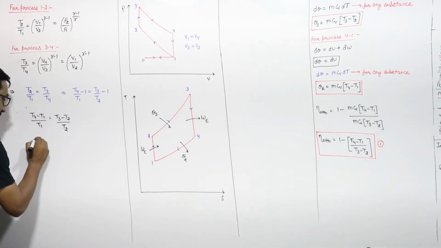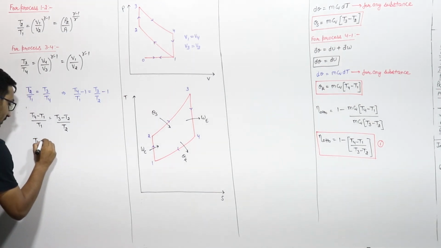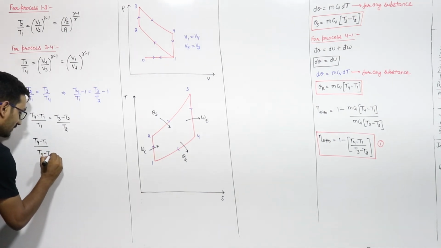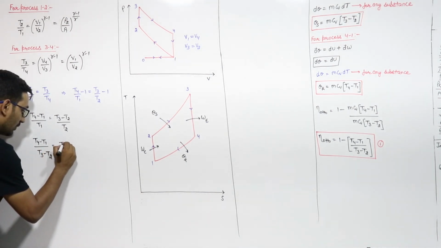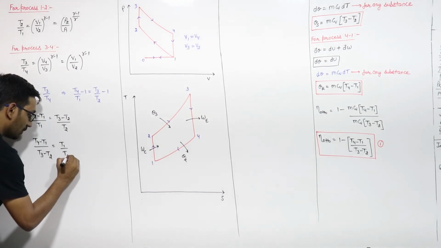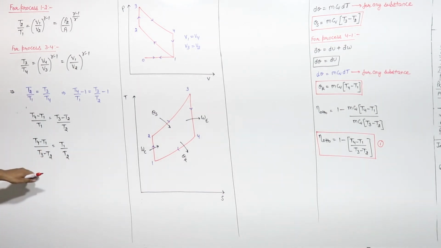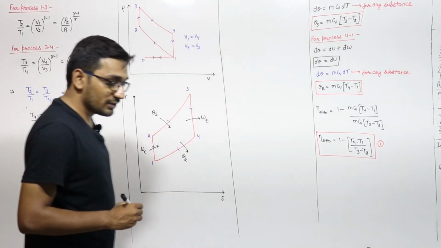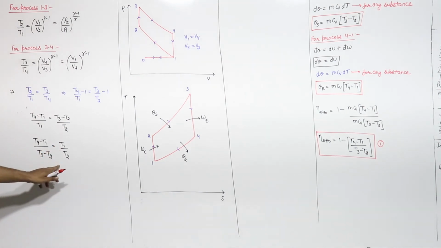So from here you get (T4 minus T1) divided by (T3 minus T2) will be equal to T1 by T2. So (T4 minus T1) divided by (T3 minus T2) can be replaced with T1 upon T2.